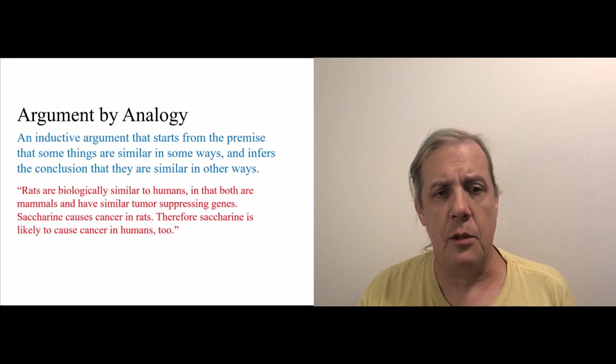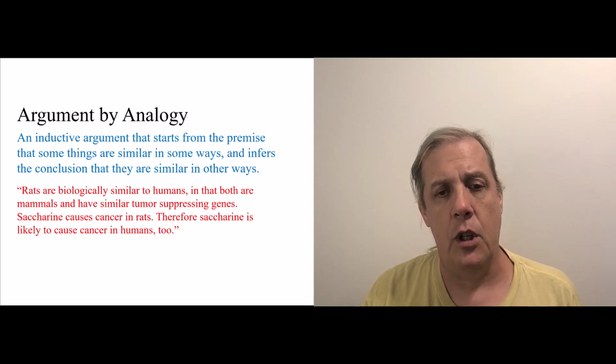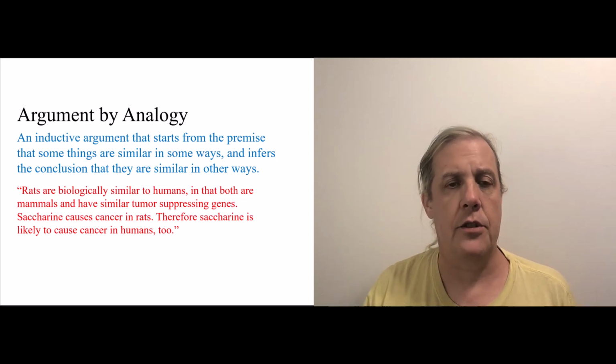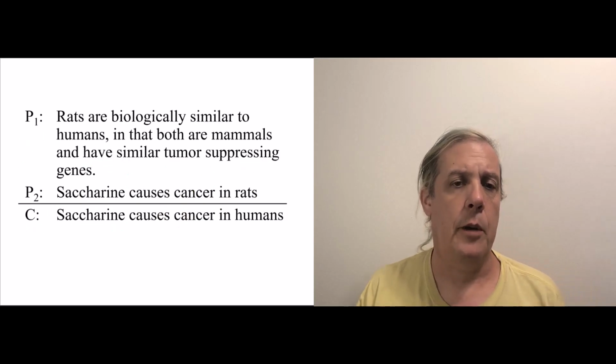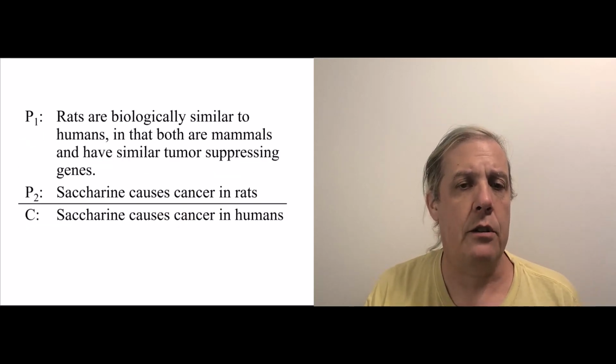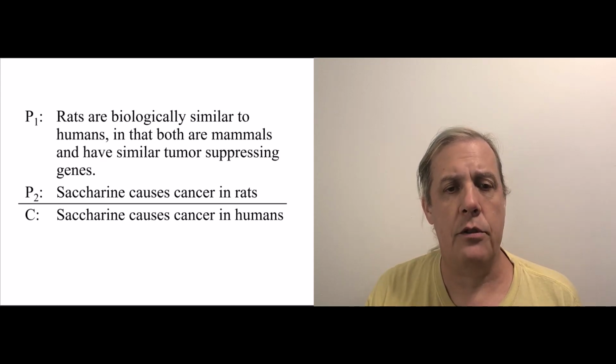Rats are biologically similar to humans in that both are mammals and have similar tumor-suppressing genes. Saccharin causes cancer in rats, therefore saccharin is likely to cause cancer in humans too. And the "is likely" there lets you know that this is an inductive argument. Okay, so we put that in standard form. It looks like this. Now I want to talk about some parts that are going on here.